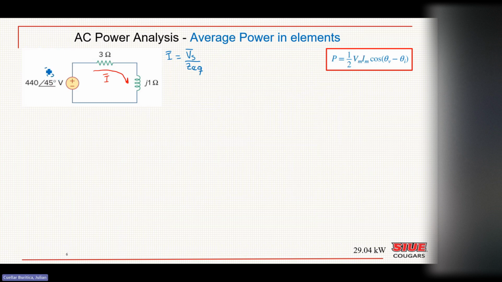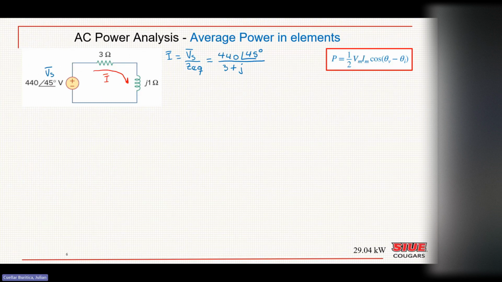This is going to be our power supply phasor. Then this is going to be equal to 40 at an angle of 45 degrees over our equivalent impedance, that is just 3 plus j.